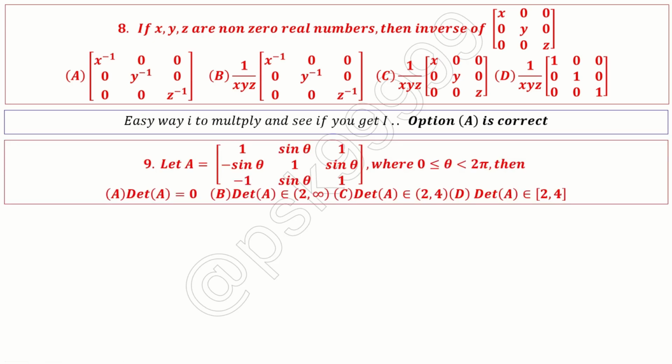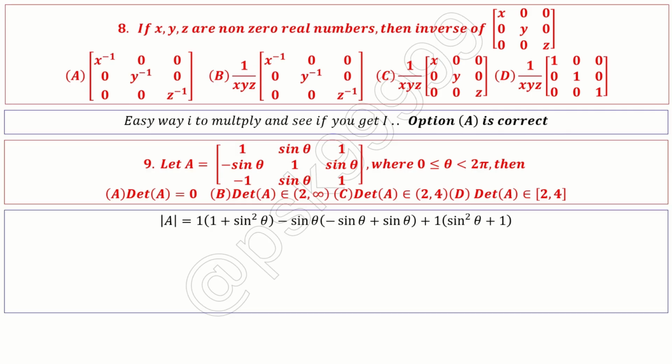Okay, next one. A is a trigonometric matrix. Okay, the elements are trigonometric elements where theta is between 0 and 2 pi. Then the determinant of A is between what? Okay, so this is simple. First find out the determinant of A. Determinant of A is here. By row 1 I am doing, I get 2 plus 2 sine square theta.